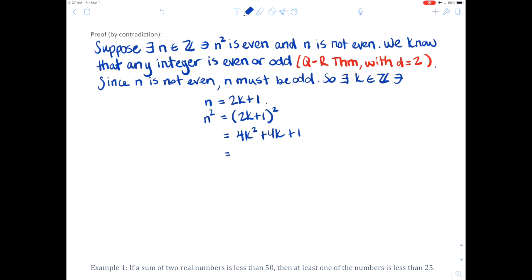And then that in turn is equal to, I'll factor out a 2 from the first two terms, and we'll get 2k squared plus 2k plus 1. Well, like before, 2k squared plus 2k belongs to the integers by closure.